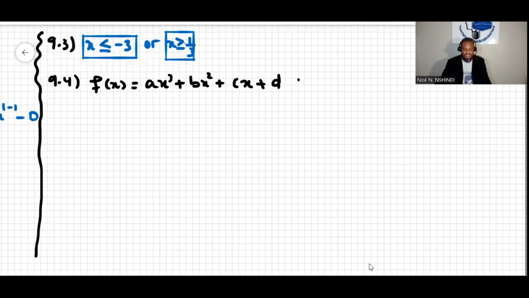And then it is also given that f of 0 equals -18. Now we are asked to find the values of a, b, c and d.